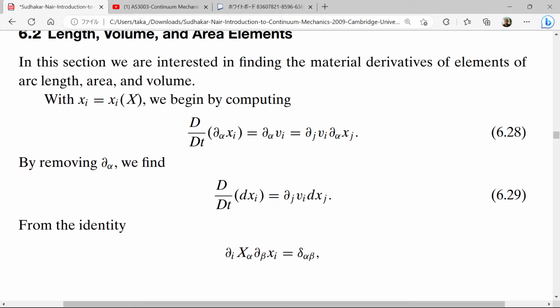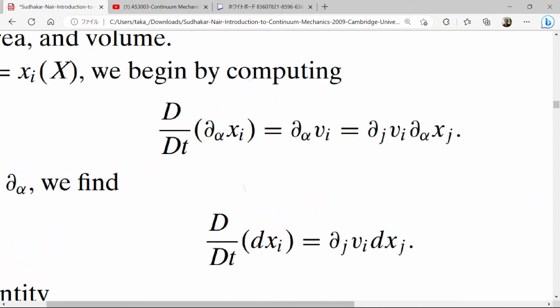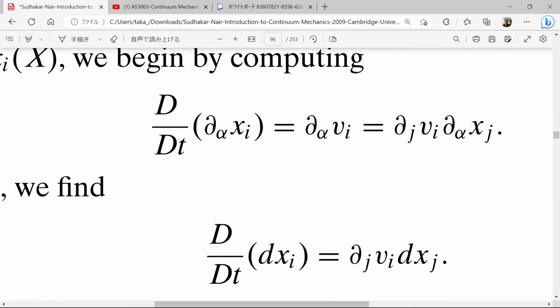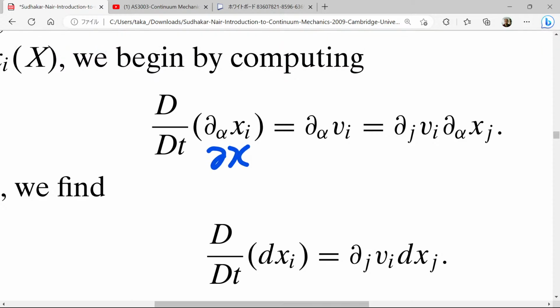Interesting, right? So this is partial xi, partial large X alpha.